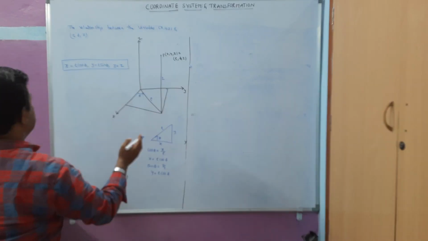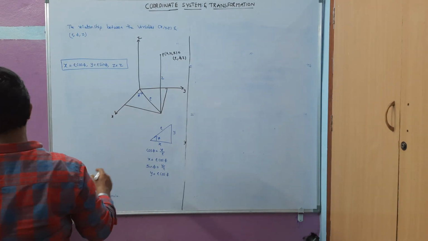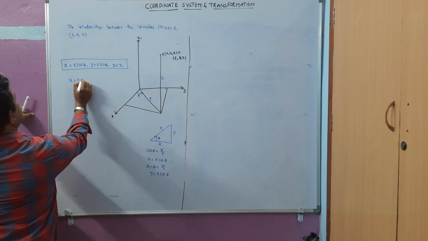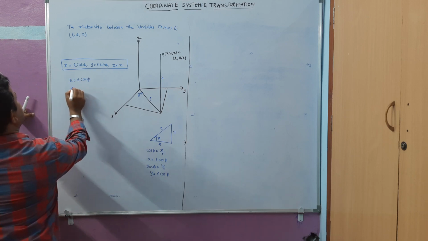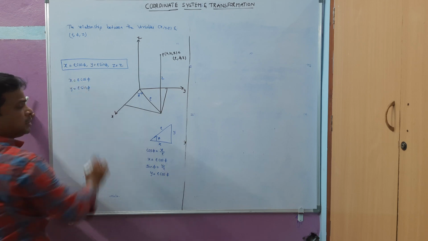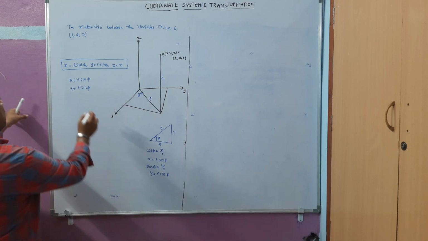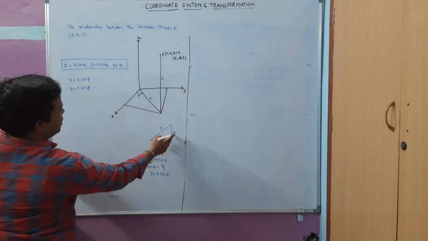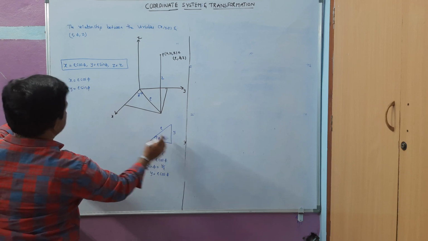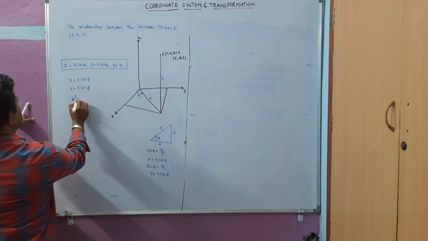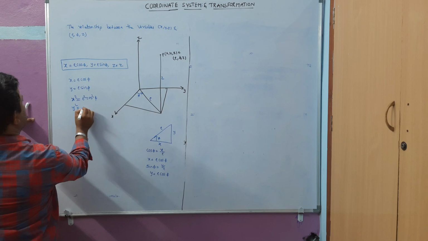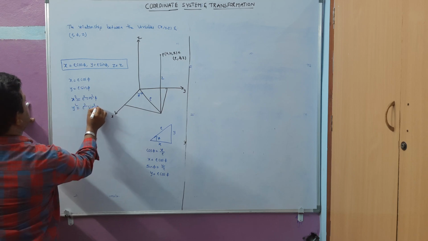Similarly, I can get rho, phi, z from x, y, z. Here x is equal to rho cos phi and y is rho sin phi. If I square and add these, x square is equal to rho square cos square phi, and y square is equal to rho square sin square phi.